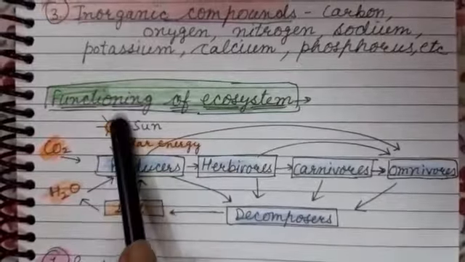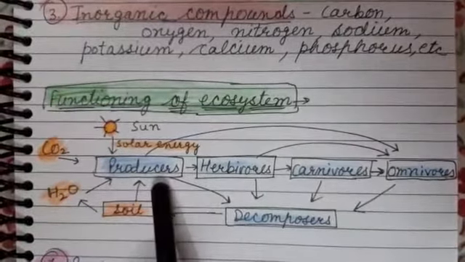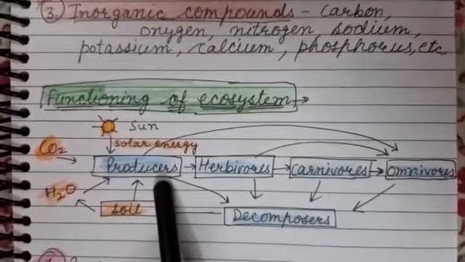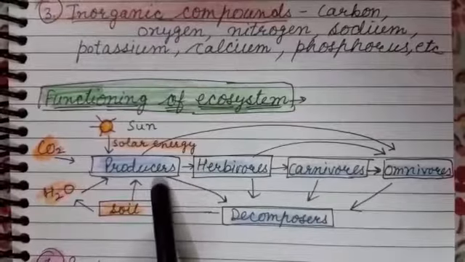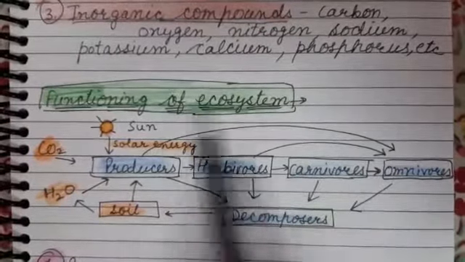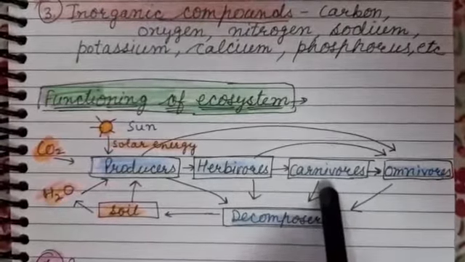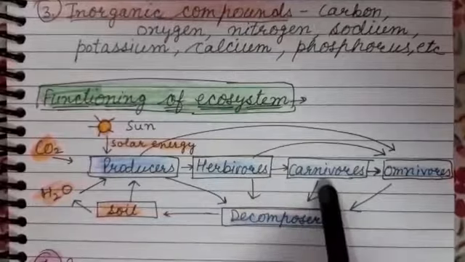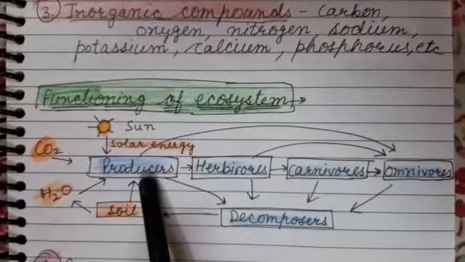With the help of sunlight, they convert these inorganic substances into organic compounds, okay, like carbohydrates, which act as food for consumers. Consumers are directly or indirectly dependent on producers for their energy needs as they get food from them. The consumers utilize the energy stored by the producers.